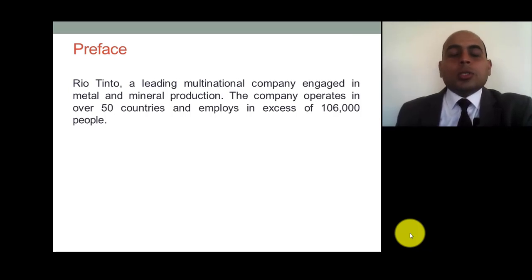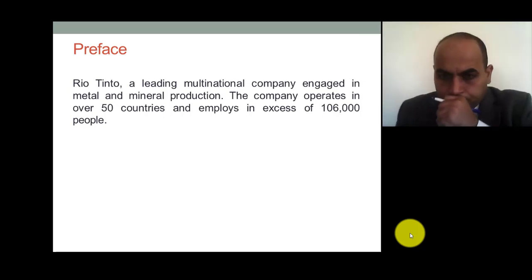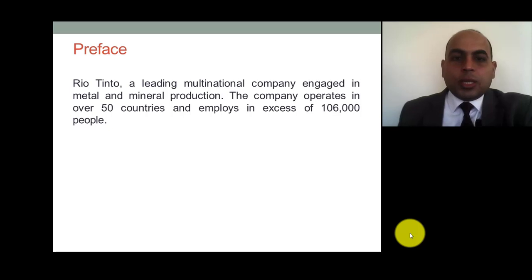So the question is, how can they prepare their financial statement? Here our company is located in Palestine and we have an affiliated company in Egypt, or we have a joint venture, or we have a branch, or we have any kind of investment located in another country.